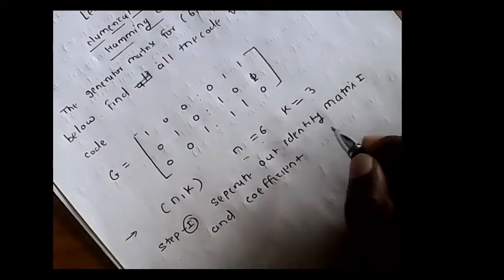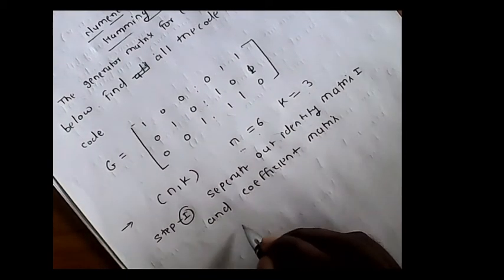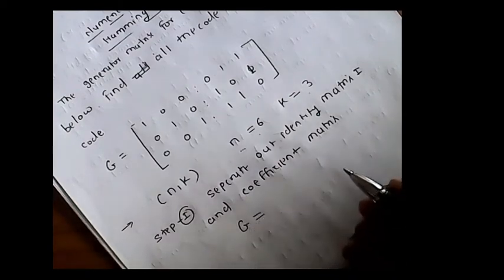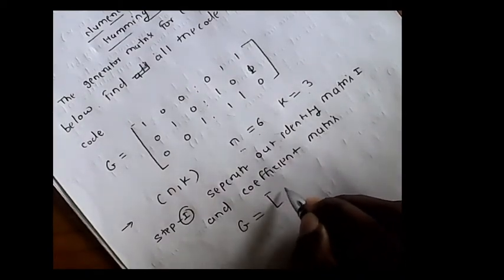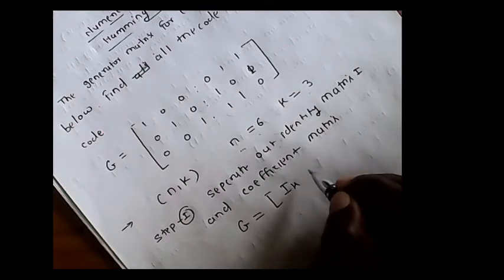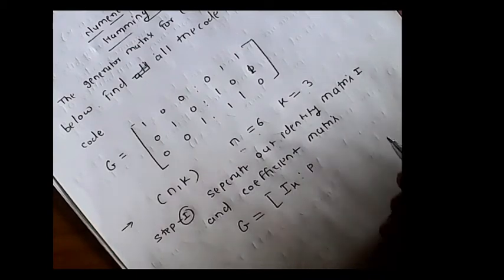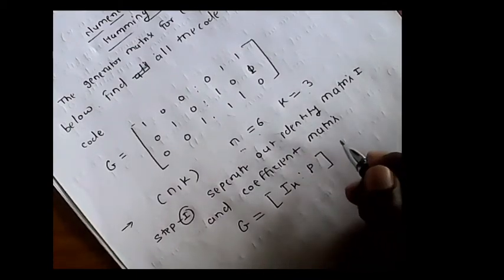The parity matrix is also called the coefficient matrix. So we know the relation between the generator matrix, parity matrix and identity matrix. The generator matrix is a combination of the identity matrix of order k by k and the parity matrix. So P stands for the parity matrix.